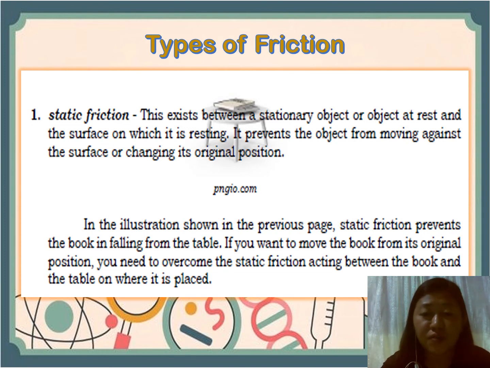If you want to move the book from its original position, you need to overcome the static friction acting between the book and the table on which it is placed. So another example is the clothes in your closet. They are resting, they are not moving, so there is static friction in that example.